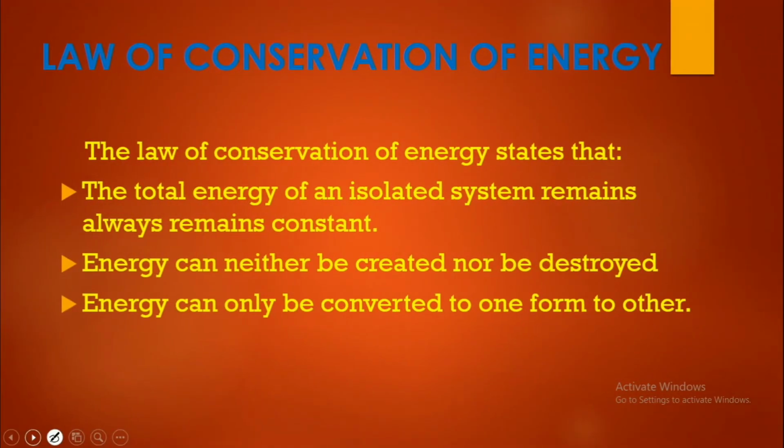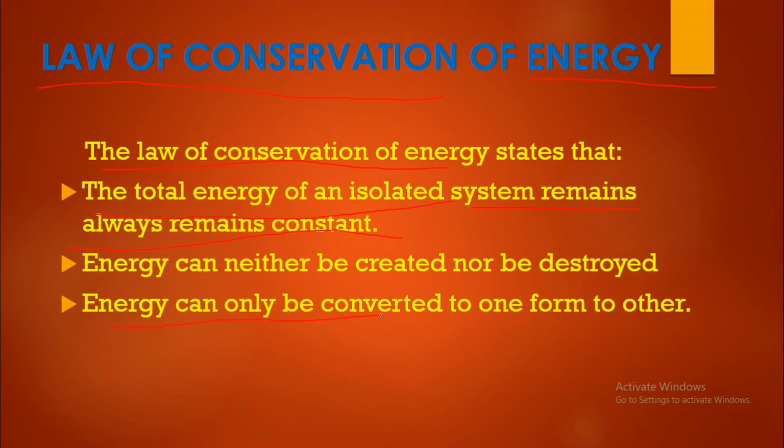Now this is an important topic. What is the law of conservation of energy? The law of conservation of energy states that the total energy of an isolated system always remains constant. Energy can neither be created nor be destroyed.